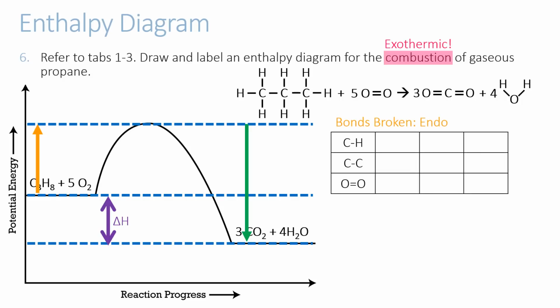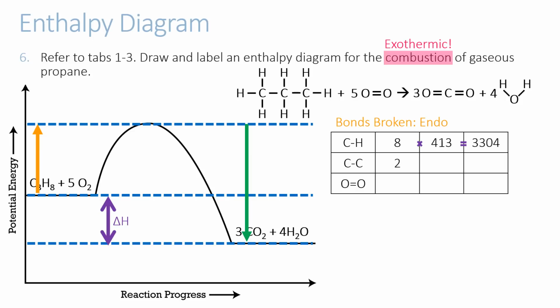So first, breaking bonds is endothermic. So on the reactant side, I'm going to break carbon to hydrogen bonds, carbon to carbon bonds, and oxygen to oxygen double bonds. So 8 carbon to hydrogen bonds, and using the bond enthalpy is 413. So I'm going to multiply that.